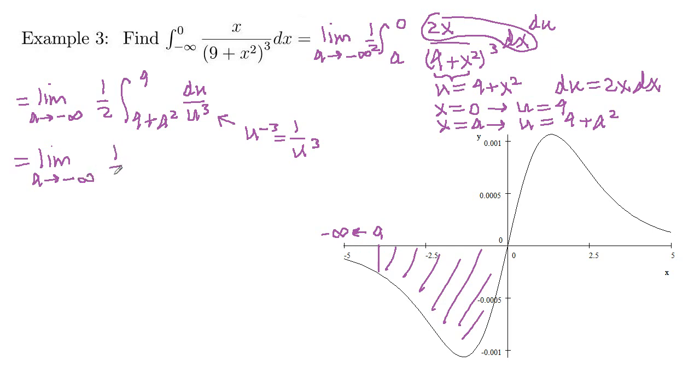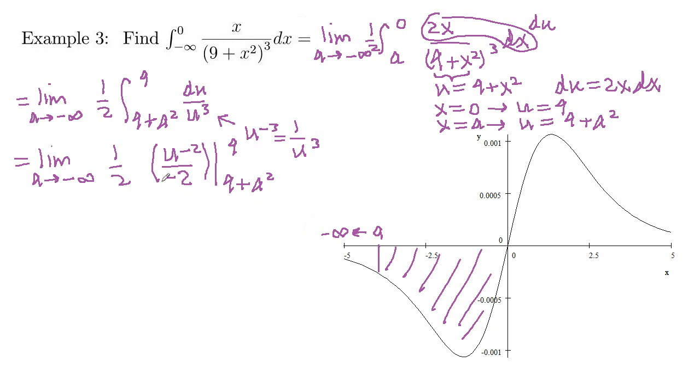Got a 1/2 out in front. And then our antiderivative of u to the negative 3 is u to the negative 2, divide by negative 2. And we are going to evaluate that from 9 plus a squared to 9.